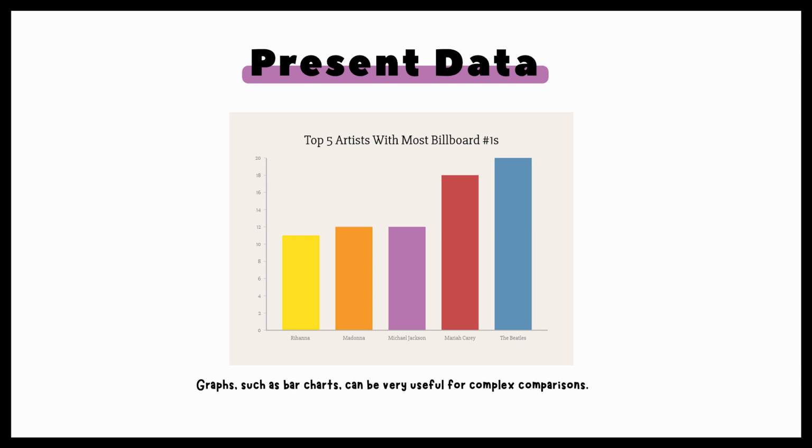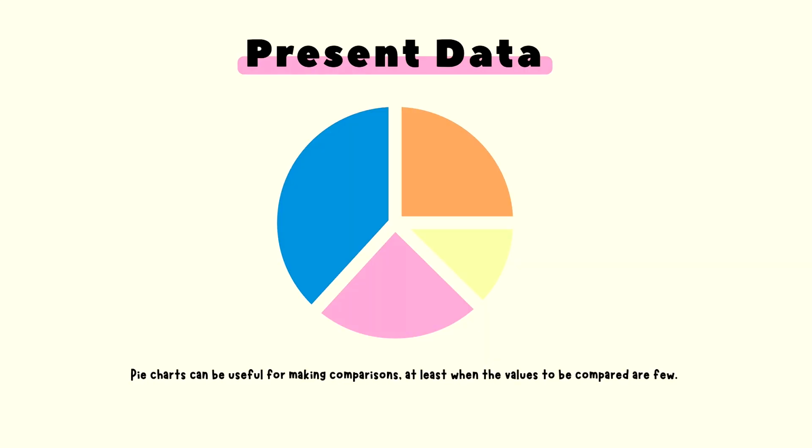Moving on to the next data presentation, we have the classical graph, the bar graph. They're better when you have a complex comparison. And the same thing with the pie chart, the classic pie chart, which displays the same as the graph, but this one is for fewer categories. When I show you my example, this will make more sense.